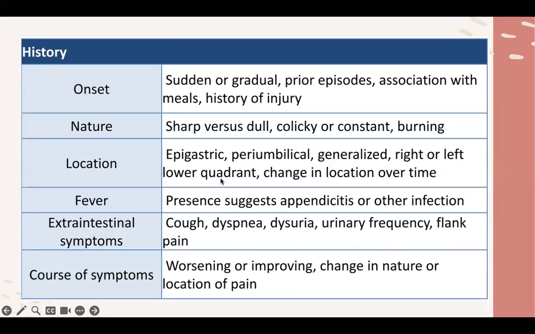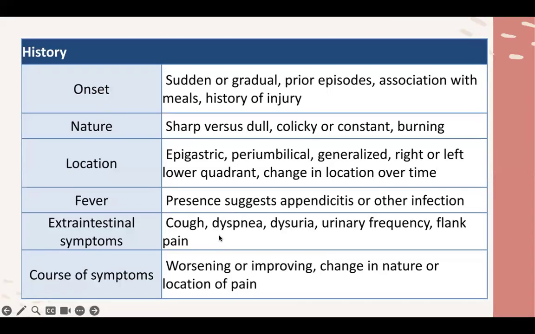Right lower quadrant pain can be seen in appendicitis, left lower quadrant can be seen in renal causes or constipation. Change in location over time is seen in appendicitis, initially periumbilical, then relocalized to the right iliac fossa. Presence of fever suggests appendicitis or another infection source.